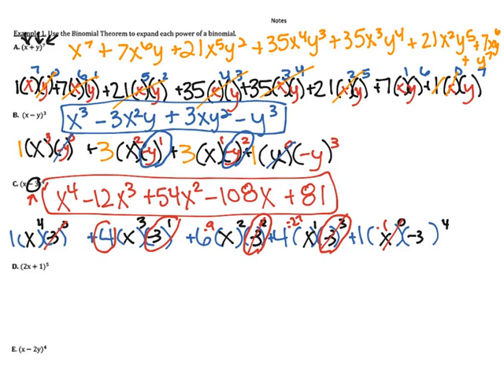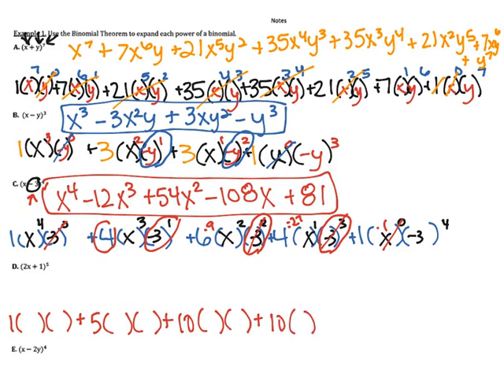So D, we've got to the 5th power, so we want to look at that 6th row. So that's going to be 1 plus 5 plus 10 plus 10 plus 5 plus 1.